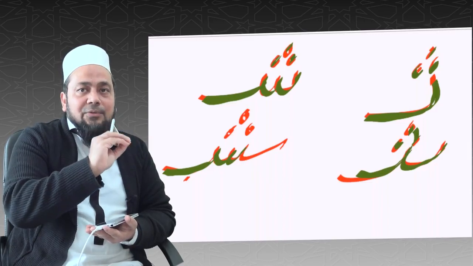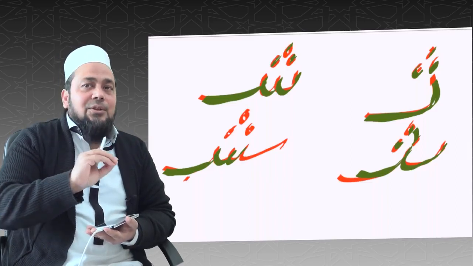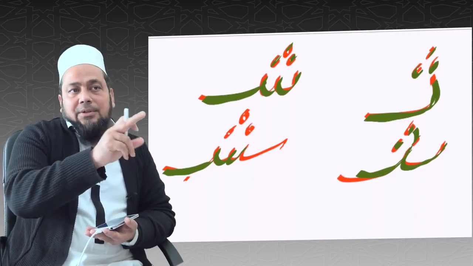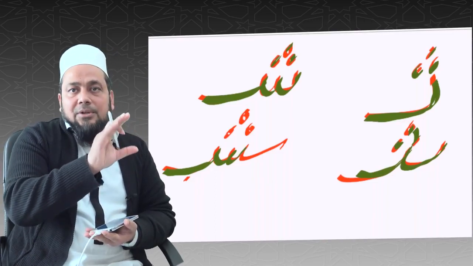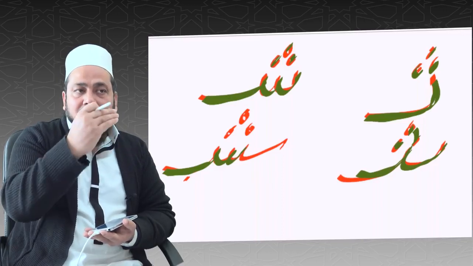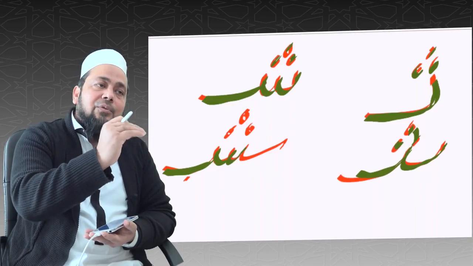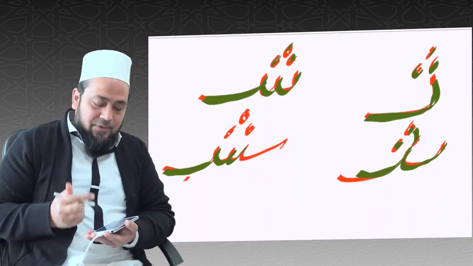This is the small thing. If you can remember this small thing, you won't be confused, inshallah. The only difference is both of the letters have three dots on the top, only one line for Sa and three lines for Shin. This is the difference. Let's move on to the next letter.